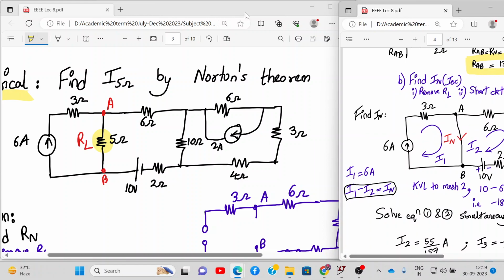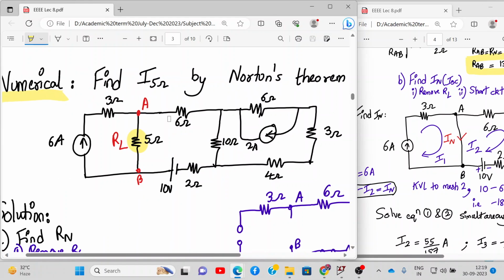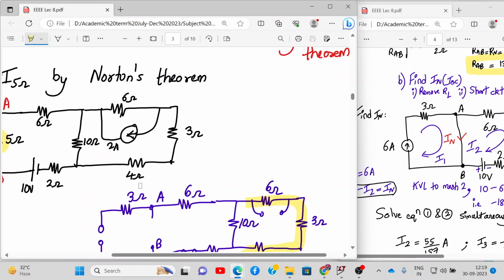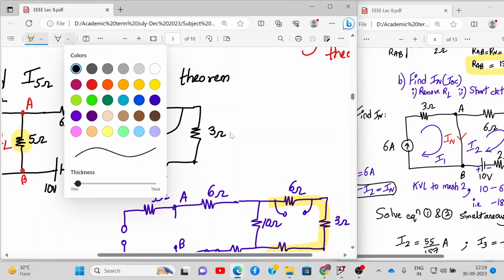All right. So now for finding the value of short circuit current, we need to short the terminals A and B, and we need to measure the short circuit current. And also I may draw the circuit again. Before drawing it again, I will do one more thing.